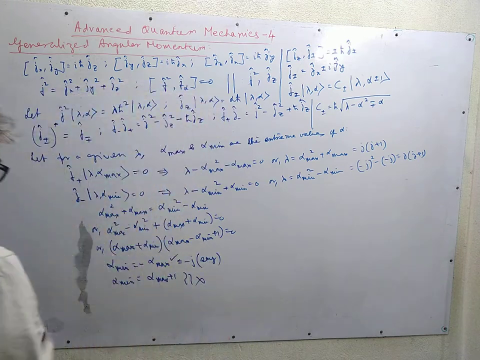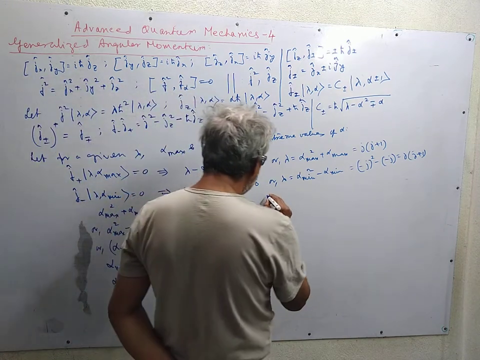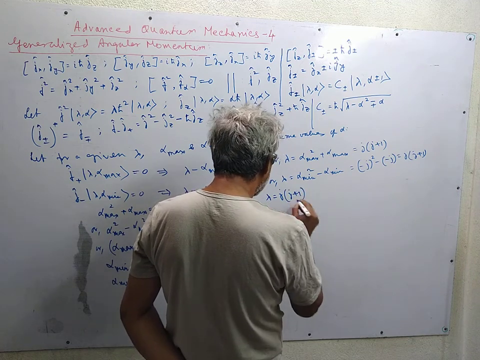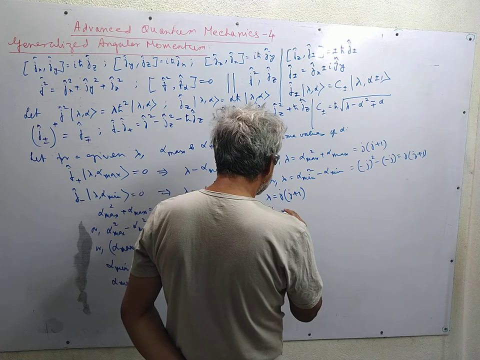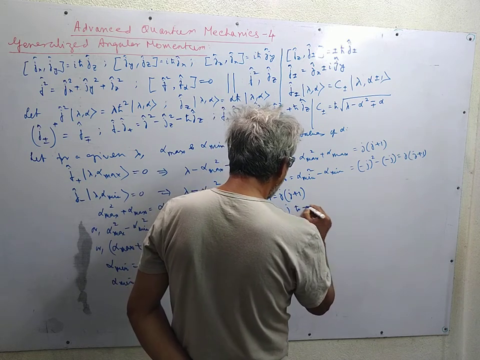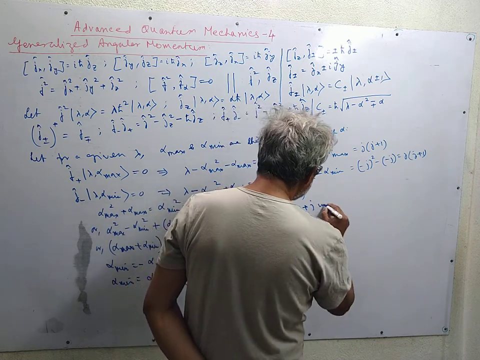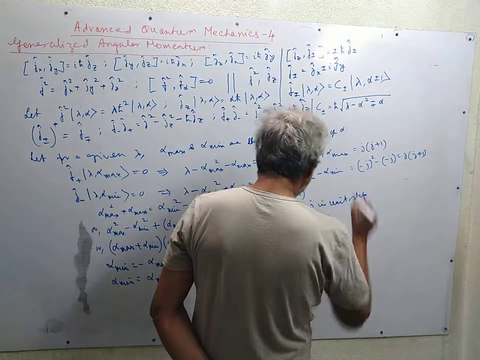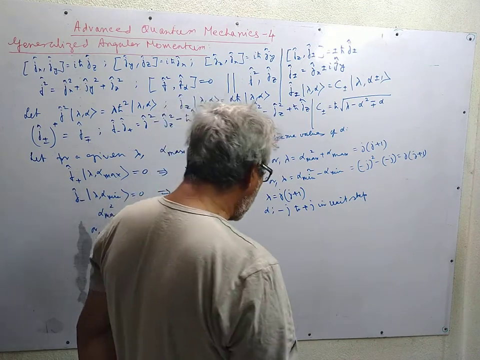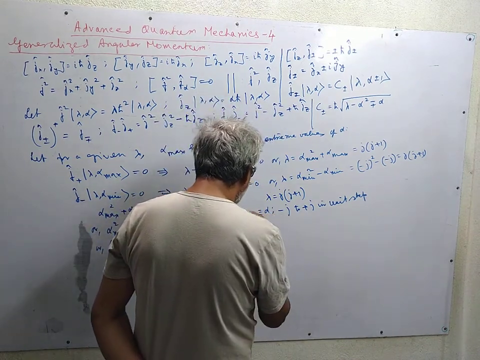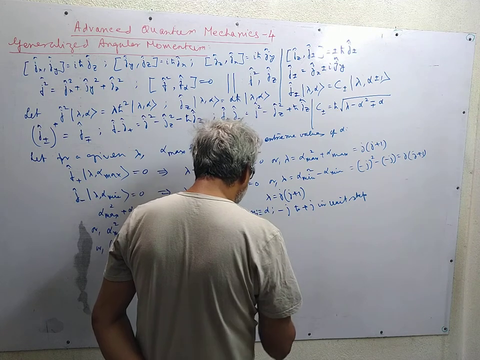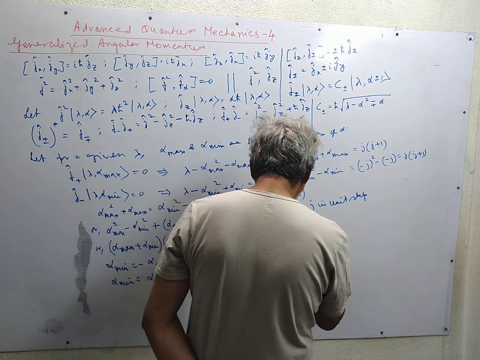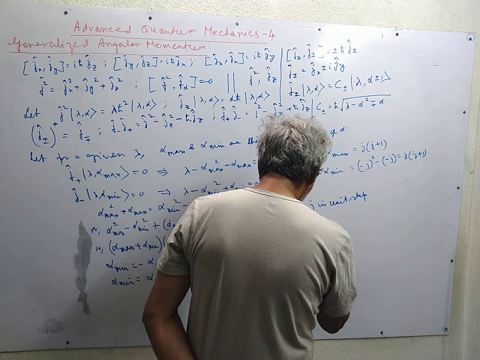So we say that lambda can be written as j into j plus 1, and for a given lambda, alpha ranges from minus j to plus j in unit steps. And we call this alpha as mj, and we redefine the ket lambda alpha to be j mj.